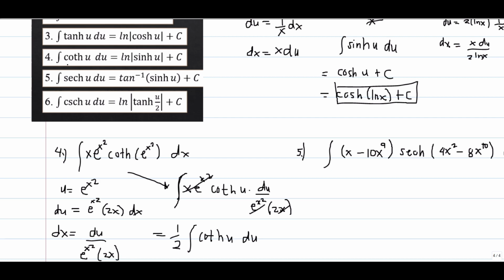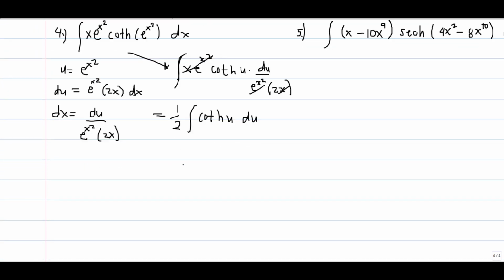Take note, the integral of cosh u du equals ln sinh u plus c. So this would be 1/2 ln sinh u plus c.